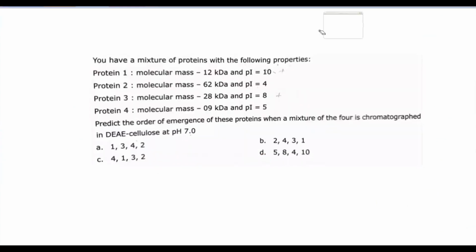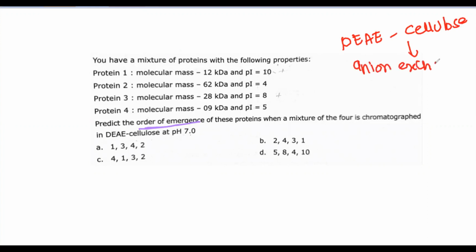The next question says you have a mixture of proteins which are given here. What is their order of emergence? When a mixture of 4 is chromatographed on a DEAE cellulose. So DEAE cellulose is basically an anion exchanger. Okay. So we just discussed that if it is an anion exchanger, what will be the charge on the column?